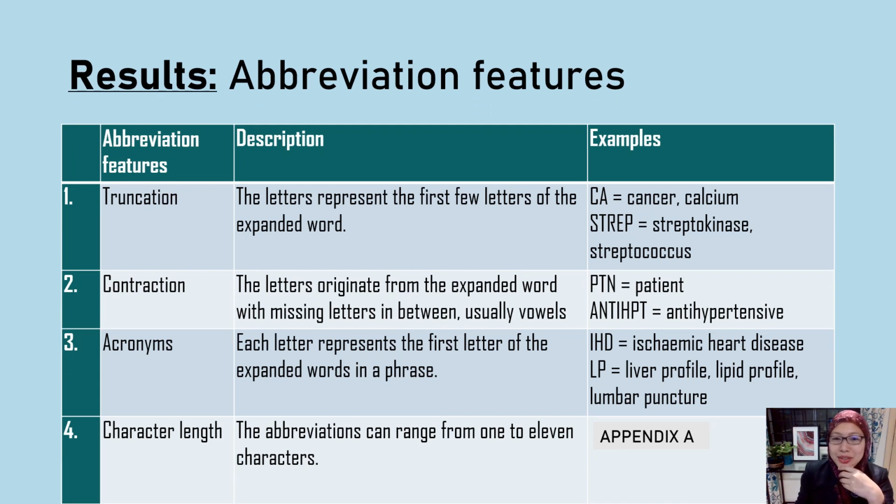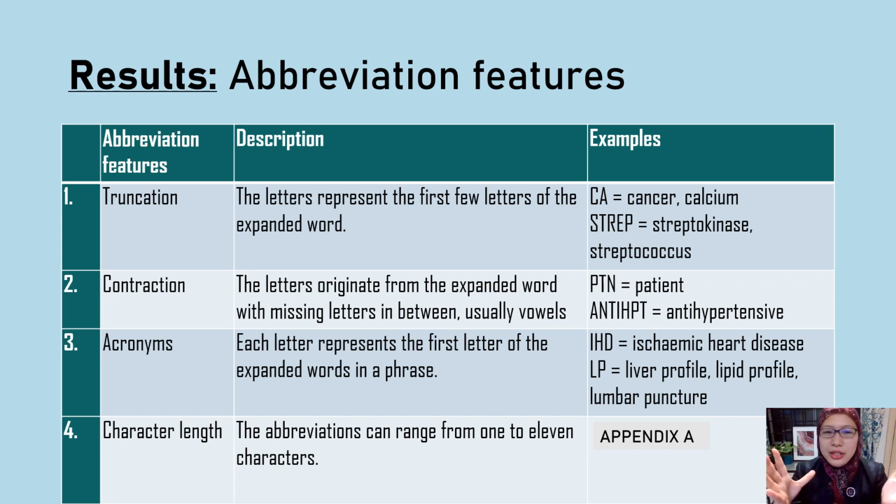I want to talk about the features that we found in the abbreviations that we elicited. We actually elicited 11. Number 1, 2, 3: truncation, contraction, and acronyms are very common, and this is widely known. An example that we find, for truncation, is CA for cancer, but it can also be calcium. Strep can mean streptokinase and streptococcus.